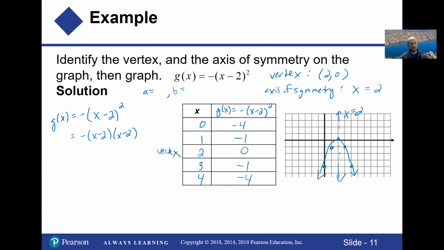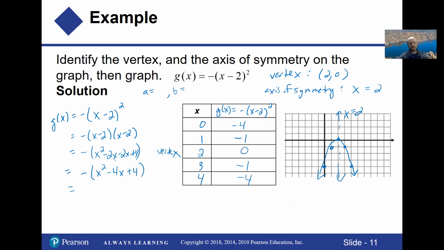I'm going to split this up: x minus 2 times x minus 2. I'm not going to do anything with the negative yet. I'm going to FOIL the two parentheses out, so I get x squared minus 2x plus 4. See how FOIL and factoring come back?